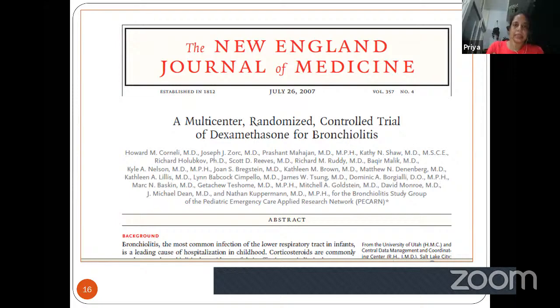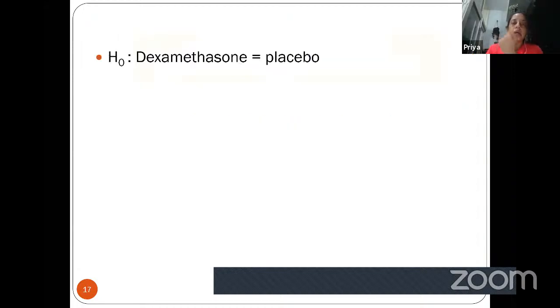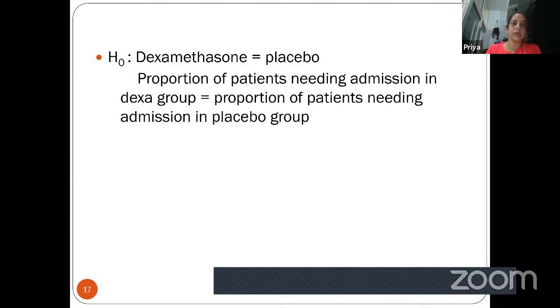Okay, we go back to this example, which I'm going to use to explain what are statistical errors. Remember, in this study, we are comparing dexamethasone with placebo for bronchiolitis, and the outcome is hospital admission. So here, the null hypothesis, as we have stated it, is dexa is equal to placebo, or what we mean is the proportion of patients needing admission in the dexa group is equal to the proportion of patients needing admission in the placebo group.